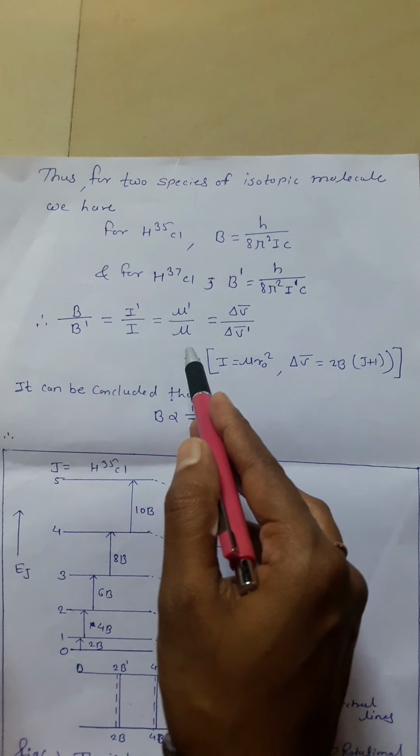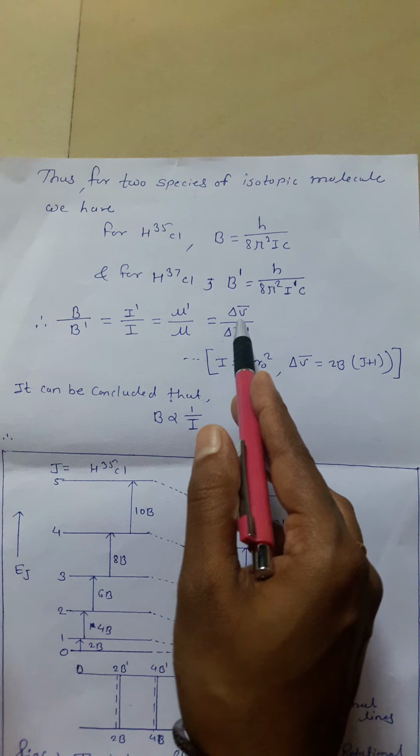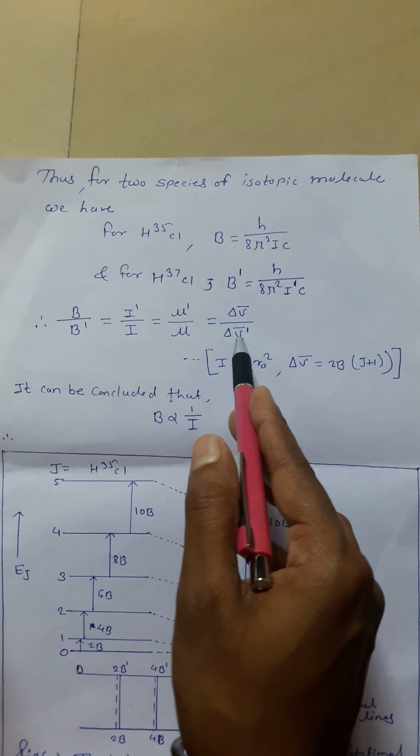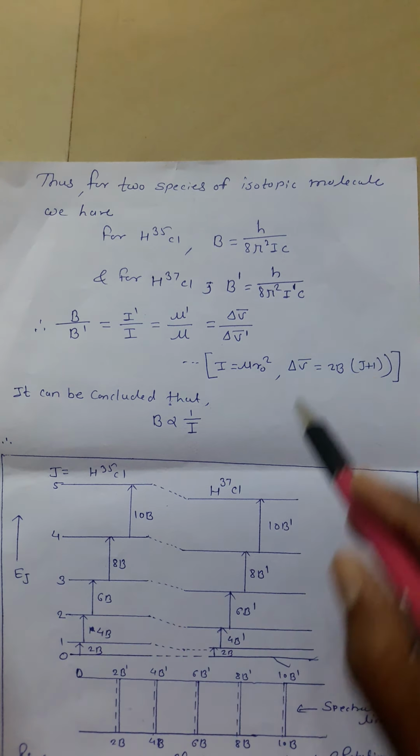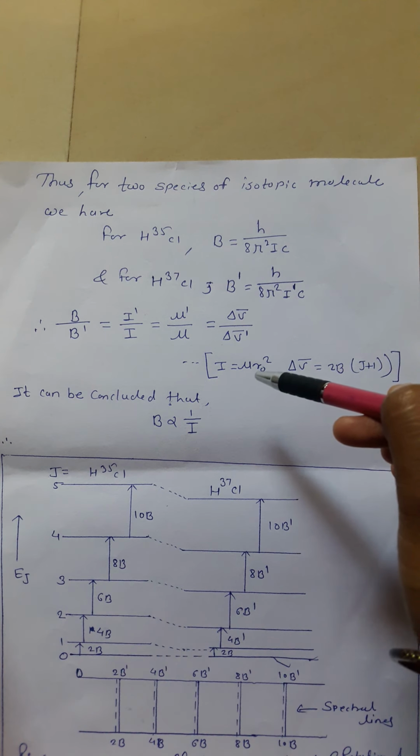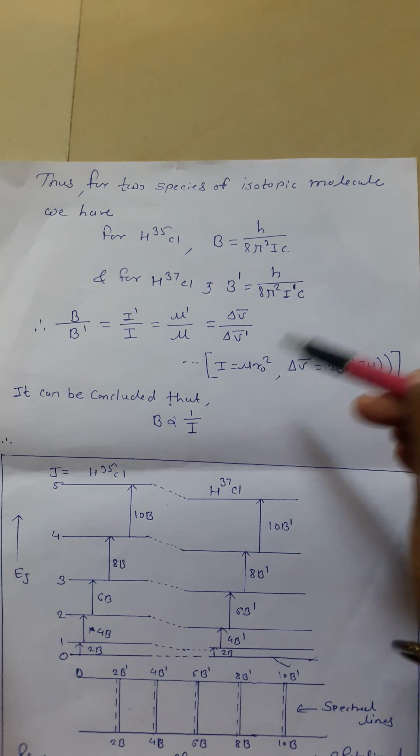Mu dash upon mu is equal to delta nu bar upon delta nu bar dash, where I means mu r0 square.